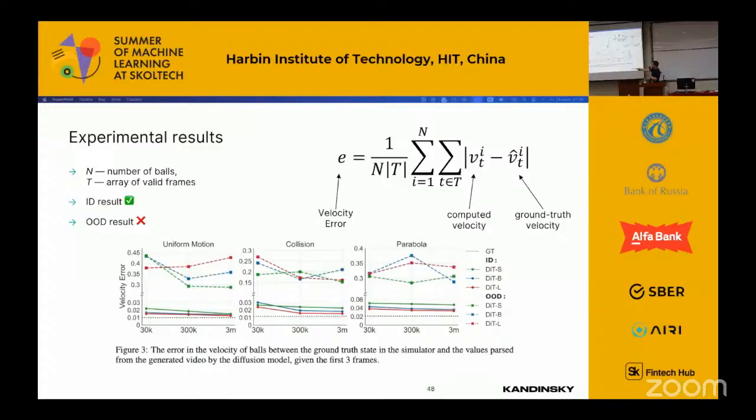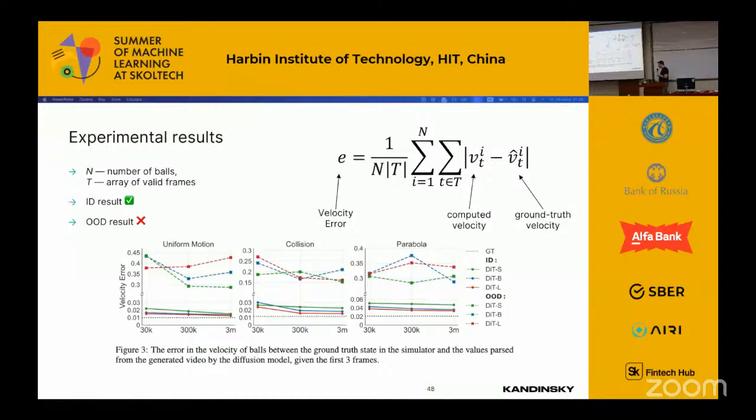And they see an interesting result that in the in-distribution examples, the model can follow and approximate the velocities very well, and the error tends to 0 as the model gets bigger and bigger. But in out-of-distribution examples, so when, for example, it was a ball and after that it becomes a square, or it was red balls and after that blue balls, the error does not tend to 0.